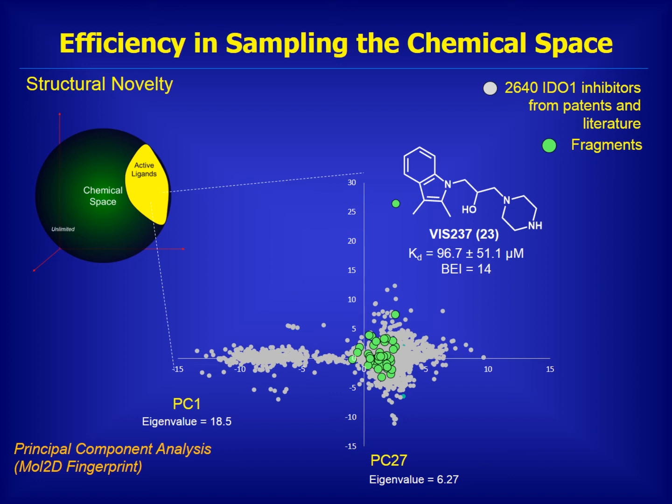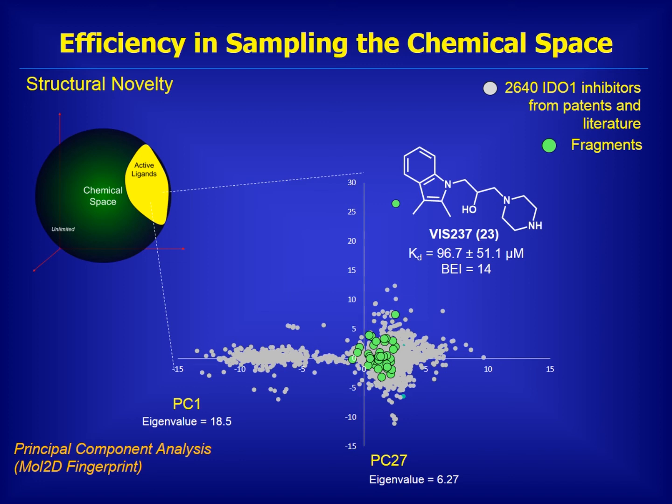So thank you, Alice. On the basis of these disappointing results, we decided to go back and investigate the biologically relevant space sampled by our fragments. So we ran a principal component analysis using MolQ-D fingerprints on our internal database of more than 2,000 IDO1 inhibitors reported in patents and literature, also introducing our fragments.